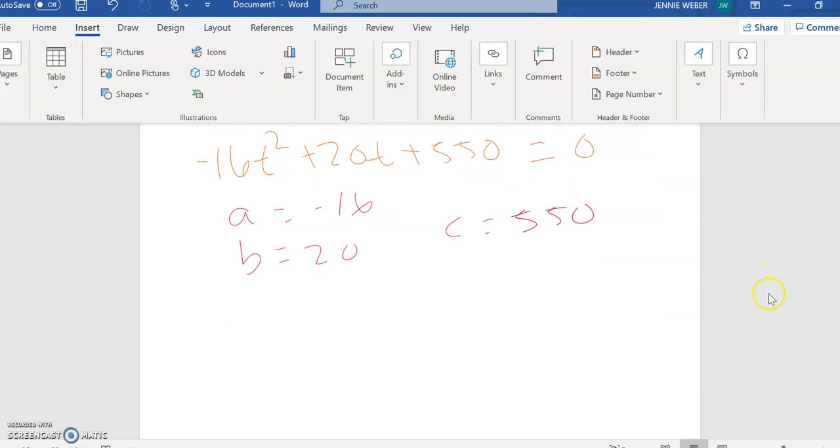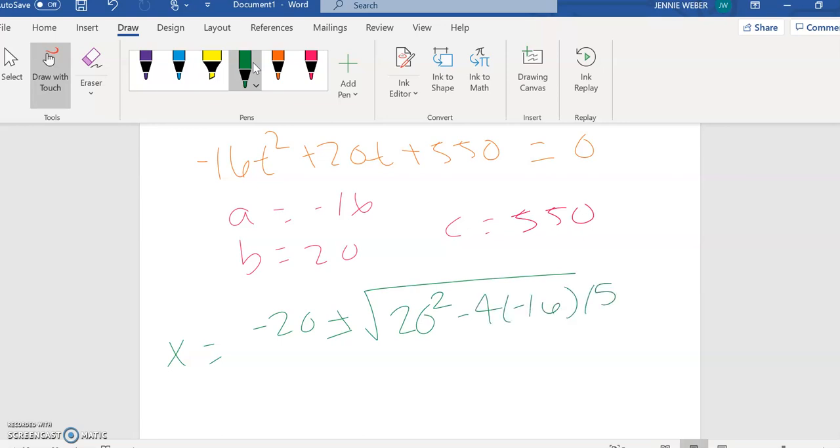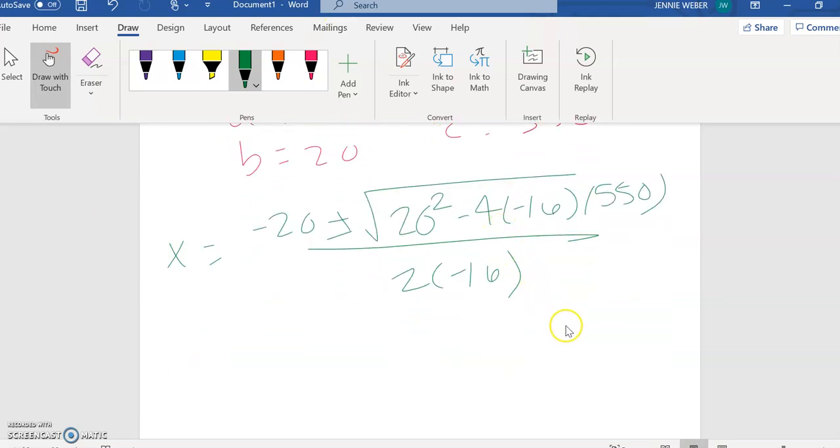So now I'm going to plug this all into my quadratic formula because I look at those numbers and cringe. So I have negative b plus or minus the square root of b squared minus 4ac, all over 2a. Then I am going to plug in, so negative 20 plus or minus the square root of 400.